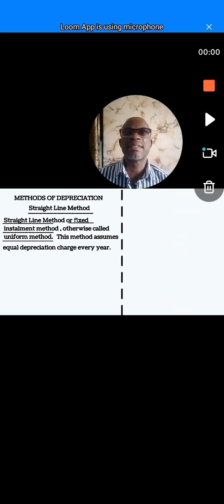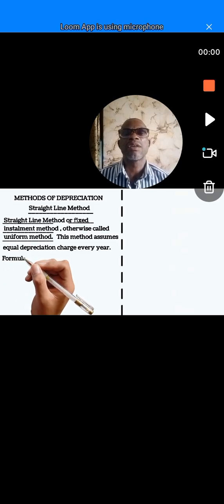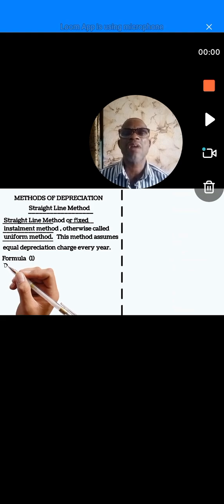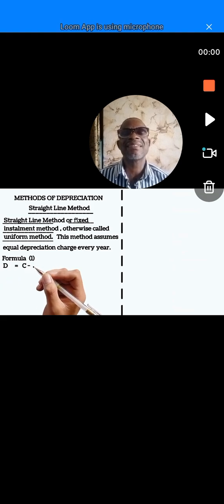We want to look at the formula for calculating the straight line method. There are two formulas. We take the first one. The first one says depreciation is equal to cost minus scrap value over useful life. That is the one used in calculating depreciation when the cost is known, the scrap value is known, and the useful life is known.